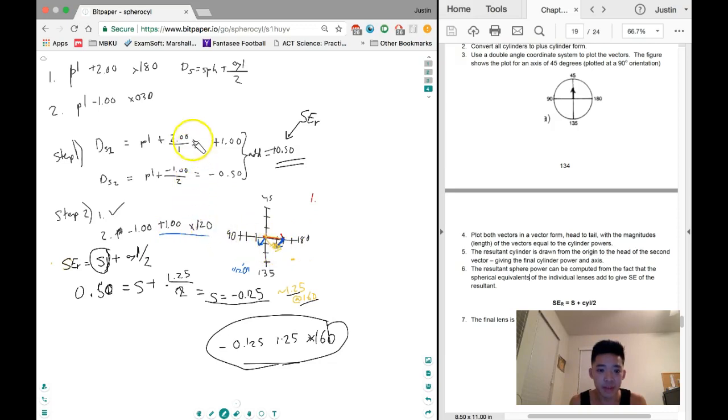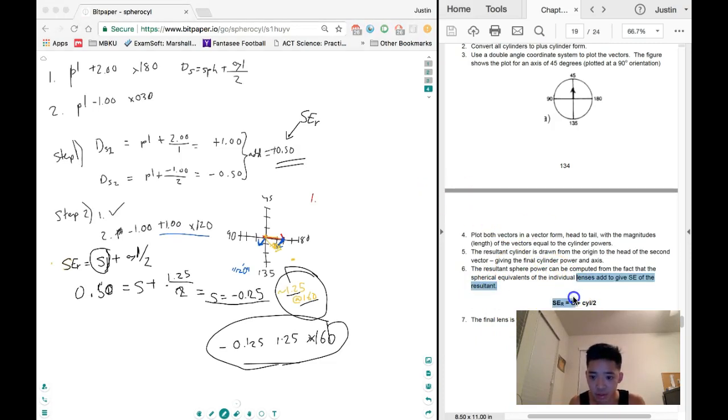So over here is 180, right? So you're going to go in the 180 direction first. And then when you get a resultant, that resultant is your money that you're going to use later. But before you do that, you have to find the resultant sphere using this equation. And the resultant sphere is that S right there.